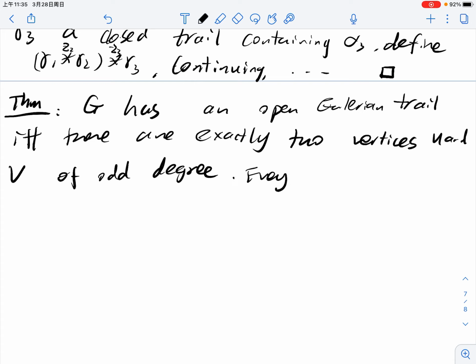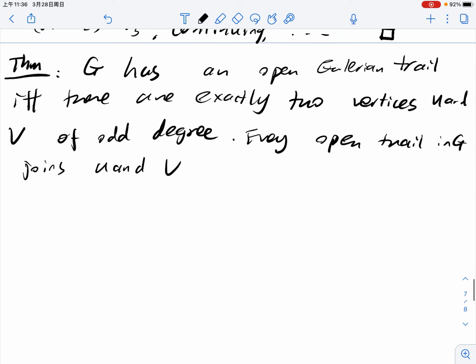Every open trail in G joins U and V. In other words, start with U and end with V or vice versa.